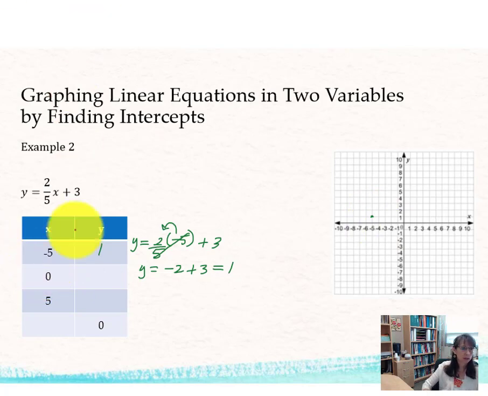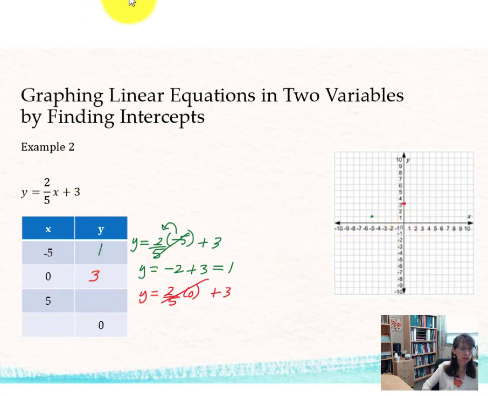Our next substitution, we're using 0 for x. y equals 2/5 times 0 plus 3. 0 is always a nice number to substitute because 0 times the fraction also eliminates. y is now worth 3. (0, 3) is the next ordered pair.